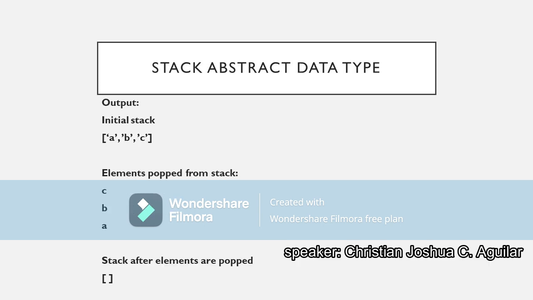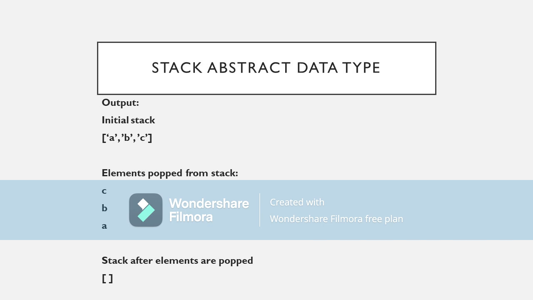So this is our output: initial stack characters A, B, and C. Elements popped from stack are C, B, and A. Stack after elements are popped, we have only the opening and closing brackets.